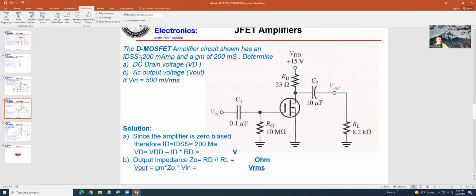They give you IDSS 200 milliamp and gm 200 millisiemens. First, they want to know the DC drain voltage VD. Then they want the AC output voltage, if they give you Vin 500 millivolt.